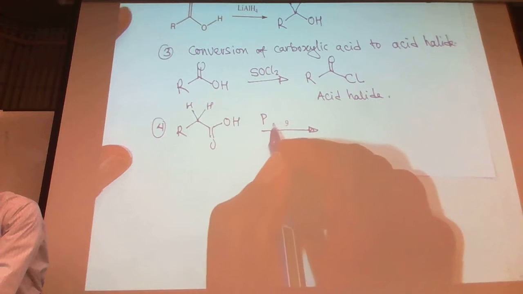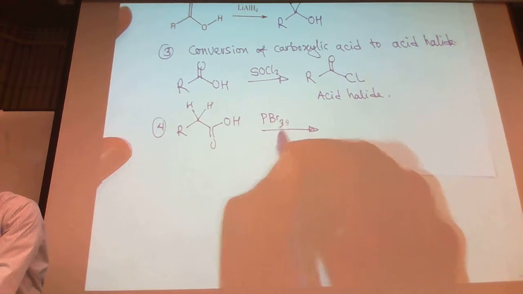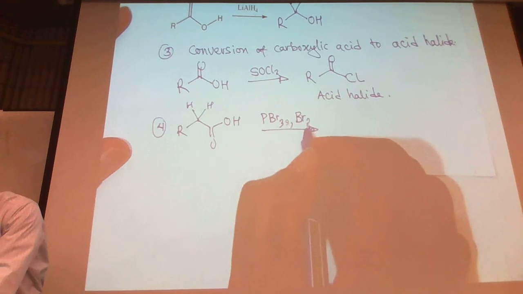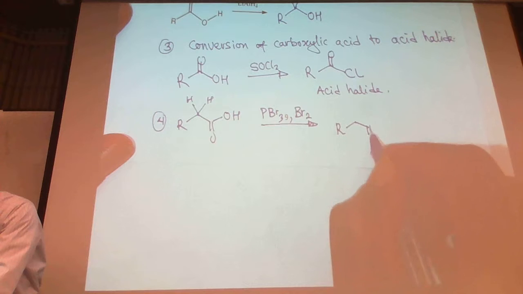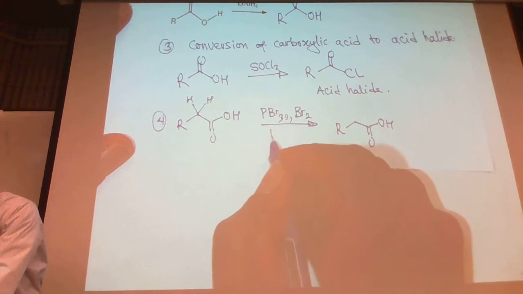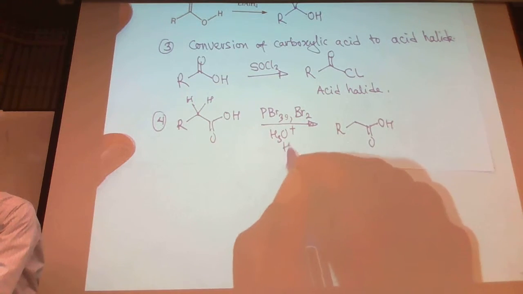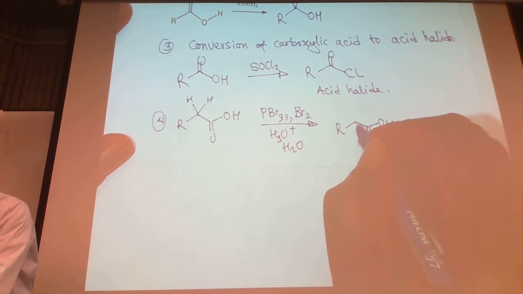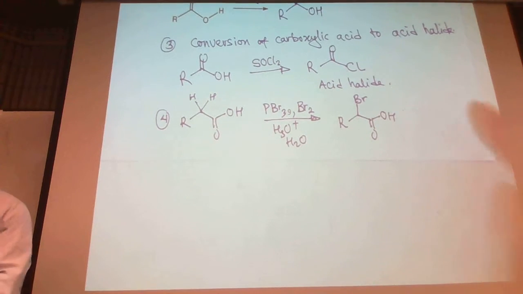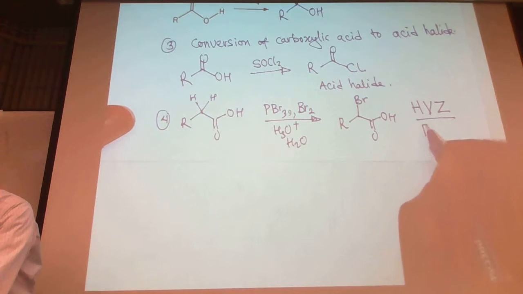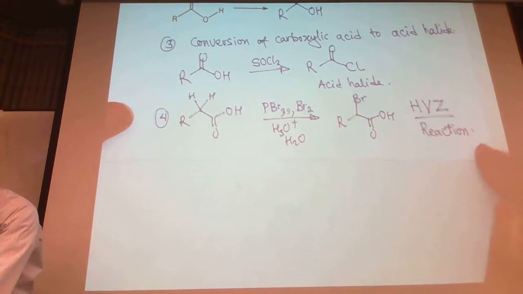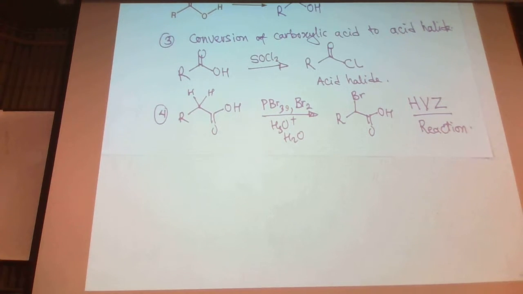For example, if you treat this with PBr3, bromine, and with acidic workup or water, you can convert this alpha proton to bromine. This is a named reaction that is called HVZ reaction. We're going to talk about it later. It's the Hell-Volhard-Zelinsky reaction. Okay. So that's about it.